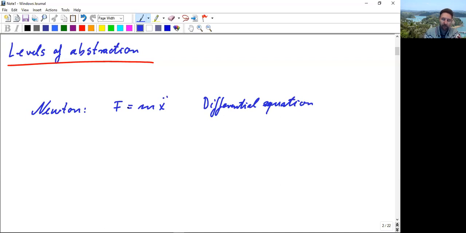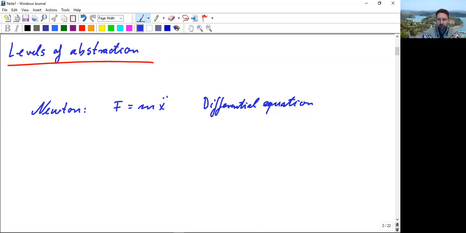I mean, you understand that when I write F equal mx double dot, that's the simplest case. Newton can, of course, describe very complicated machinery, very complicated mechanical circumstances, but this is at the heart of it. And in complicated circumstances, you might just get several coupled differential equations. But if you work with Newton, this is your starting point.